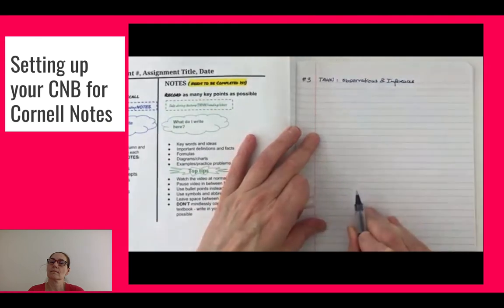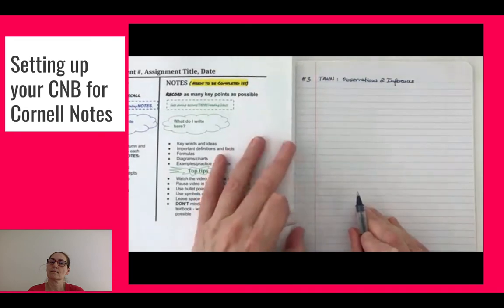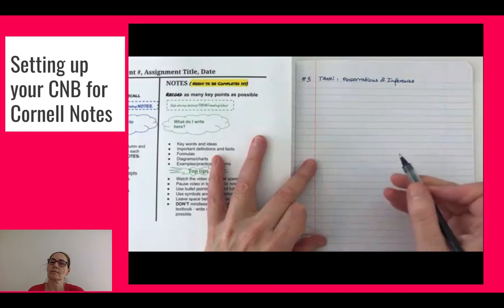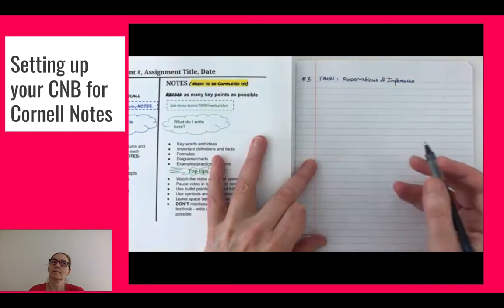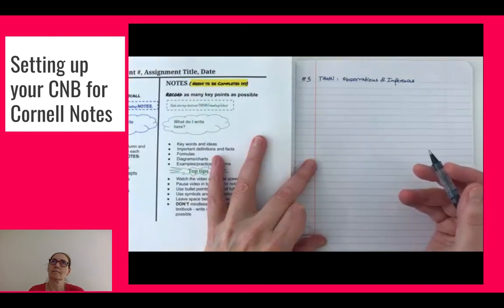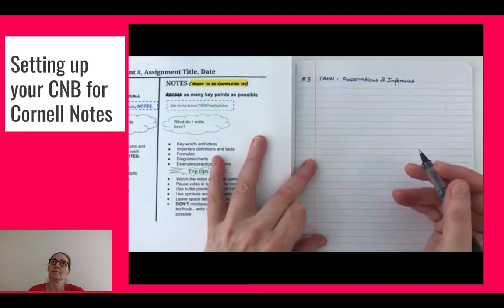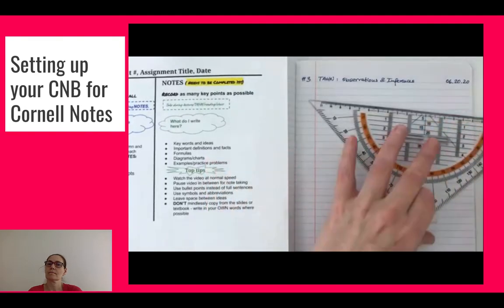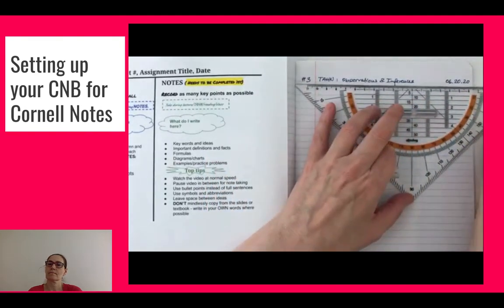Okay, date is a little tricky because I'm taking this video in June, so I'm going to put the June date, but you will be taking your notes, I assume, at the beginning of September. So you're going to put whatever date it is you're taking these or setting this up in over here, right? So mine is going to be June 20th, 20.